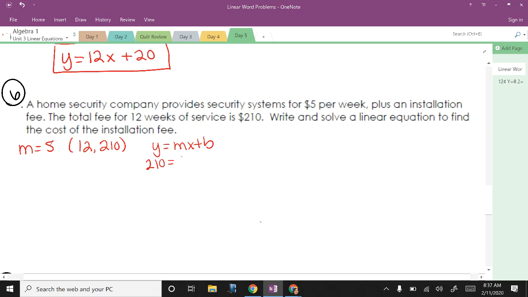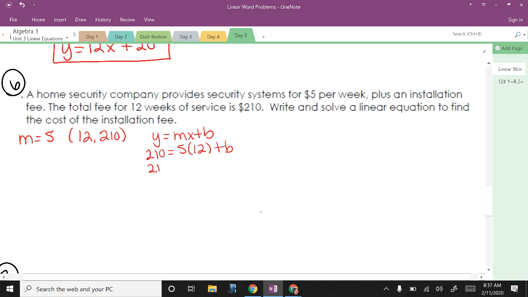What goes in for m? What goes in for x? Plus b. So 210 equals plus b. And you subtract 60. And what do you get? 150 equals b. So y equals 5x plus 150.